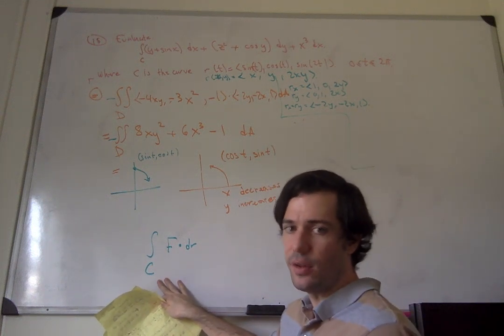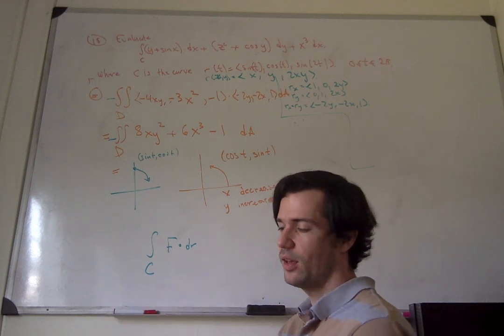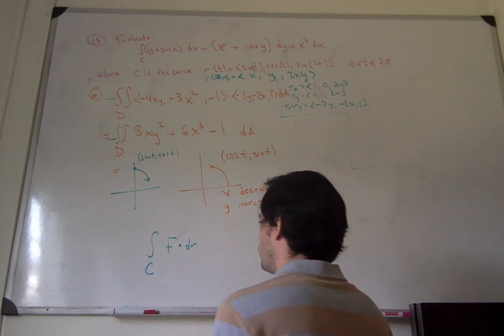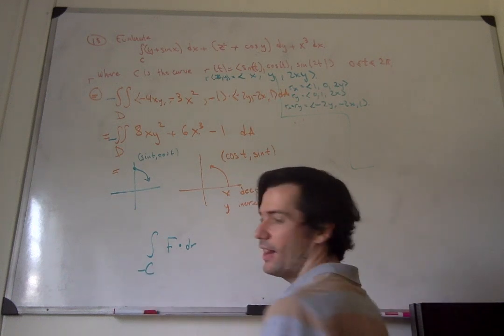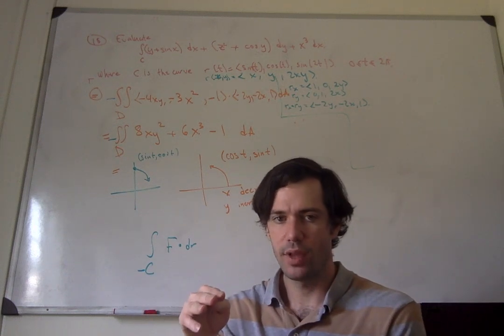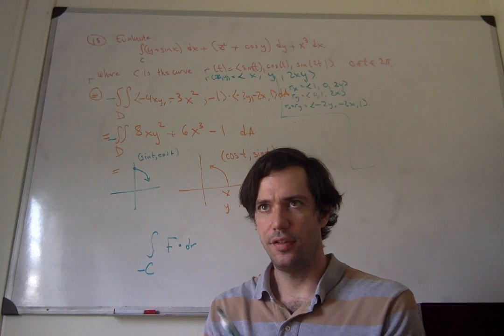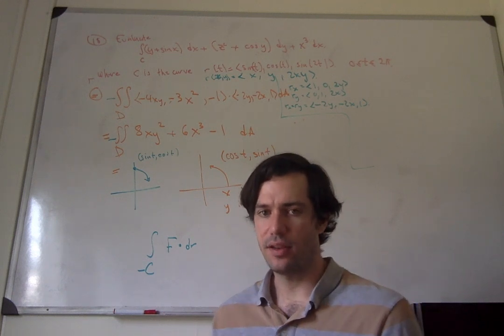It was not positively oriented. It was negatively oriented. So what we do is we negate that so that our curve is going in the opposite direction. That's what the minus sign means.